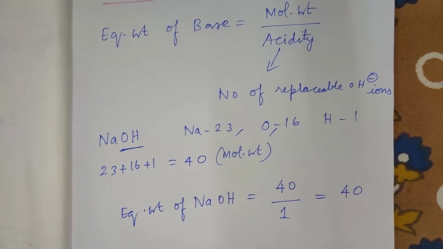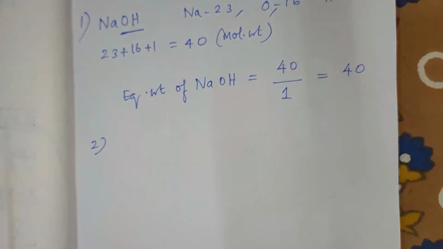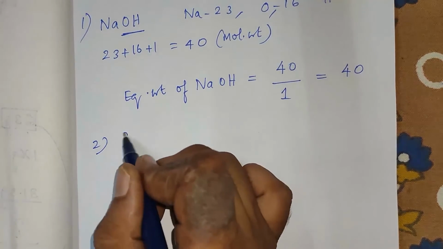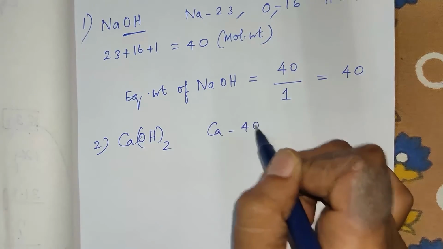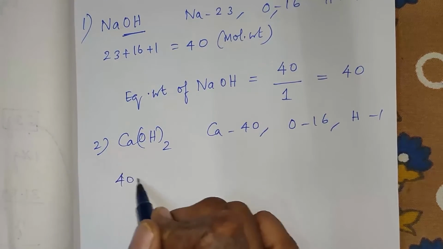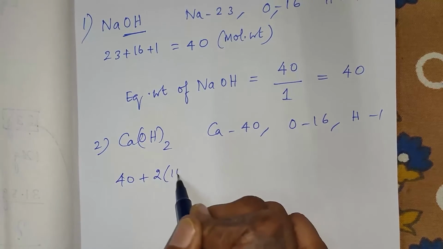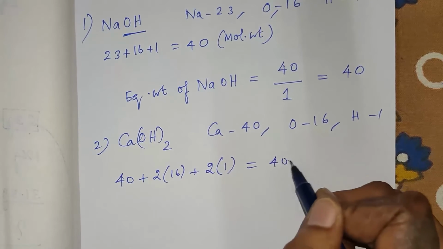This is example 1, and I am going to take example 2 now. For example 2, I am going to take calcium hydroxide. What is the weight of calcium? 40, oxygen 16, hydrogen 1. So 40, you have 2 oxygen, 2 into 16, 2 hydrogen, 2 into 1. So 40 plus 32 plus 2.